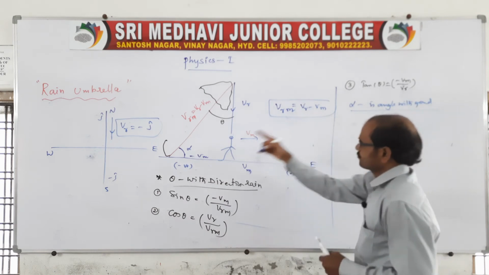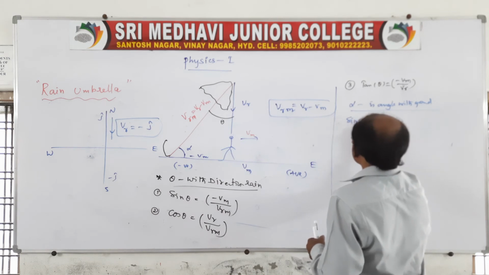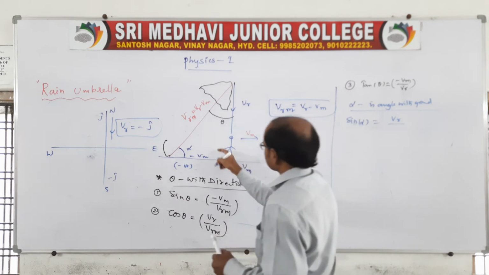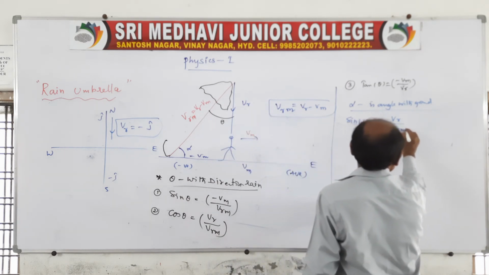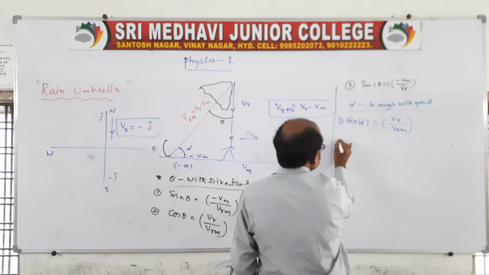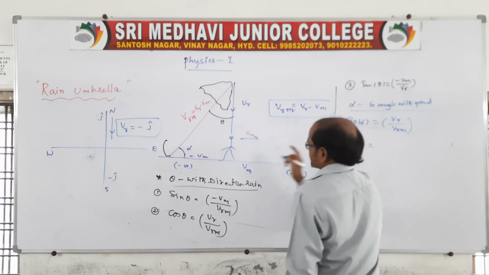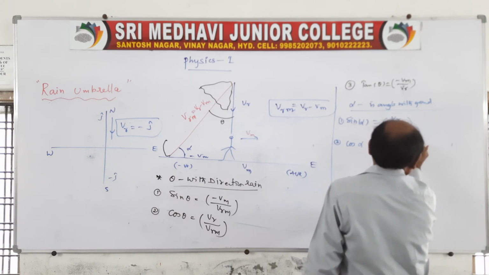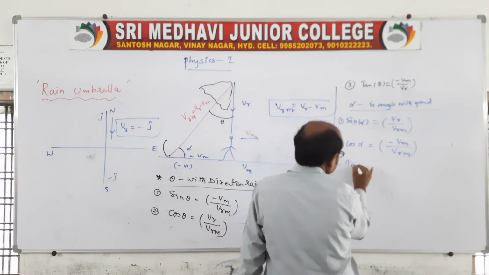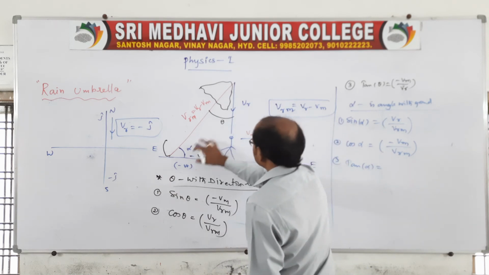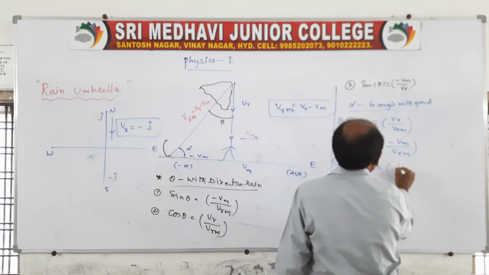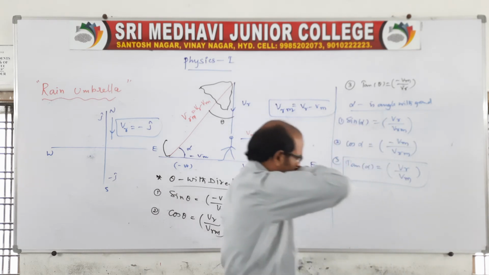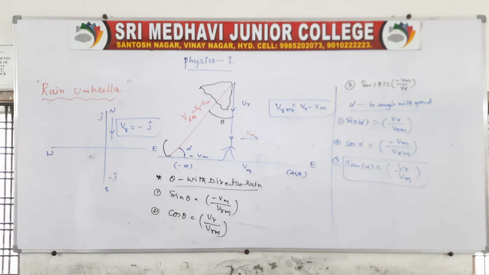Therefore, sin alpha is opposite, the rain velocity Vr, over hypotenuse Vrm. That is the first expression. Second, cos alpha is adjacent, minus Vm, by hypotenuse Vrm. Third, tan alpha is opposite by adjacent, Vr by Vm. These are the expressions, right? Is it okay now?